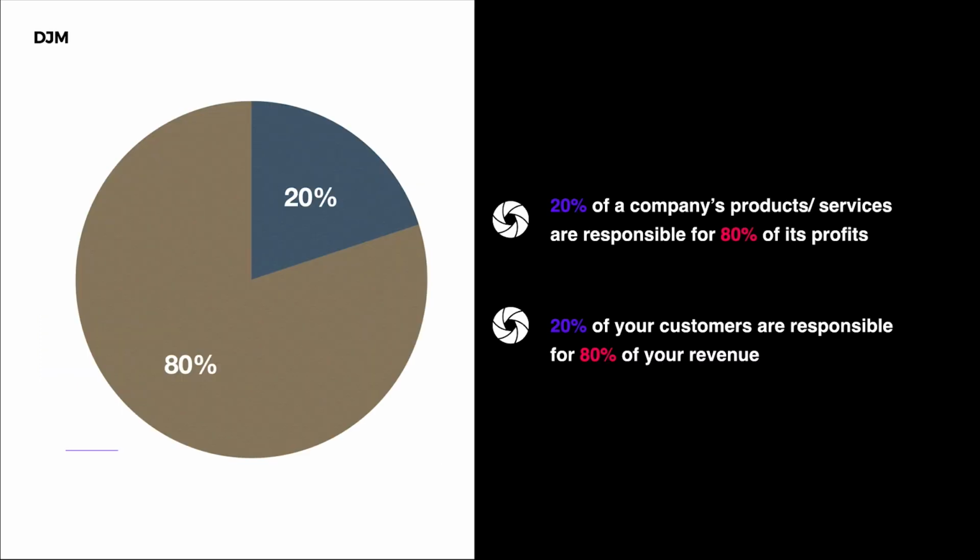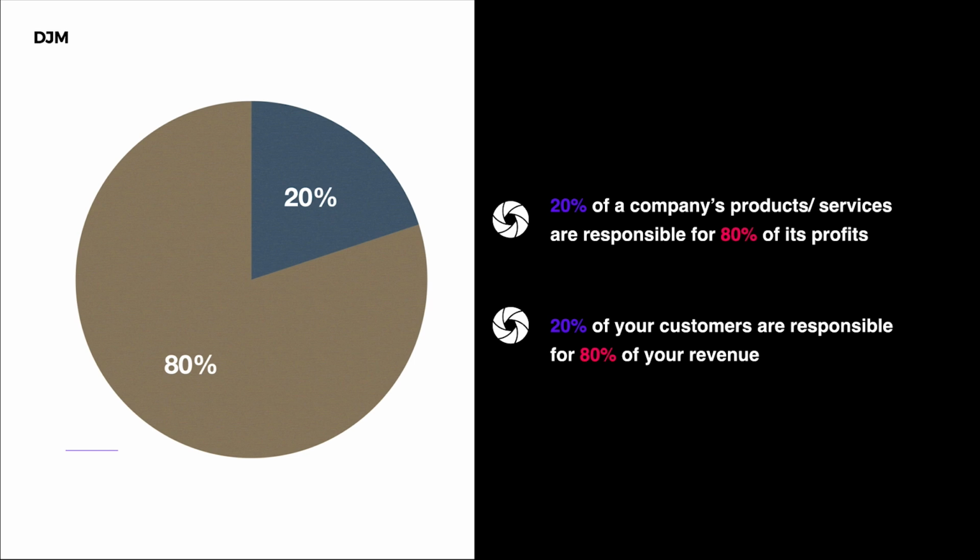So back to the 80-20 principle. Remember these two statistics. 20% of a company's products or services are responsible for 80% of its profits. And 20% of your customers are responsible for 80% of your revenue. And we can actually break this down even more.